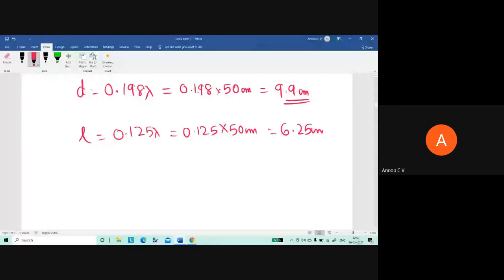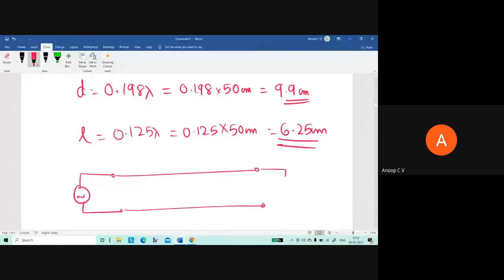ZL is already given. So from ZL we should connect a stub at a distance of 9.9 centimeter. D is equal to 9.9 centimeter.